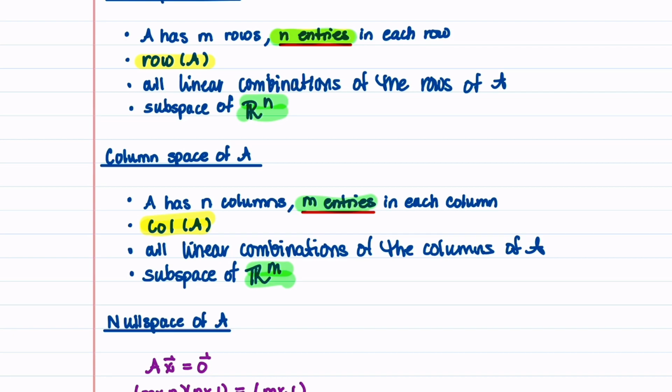We have m entries in each column, so our column space is a subspace of Rm.